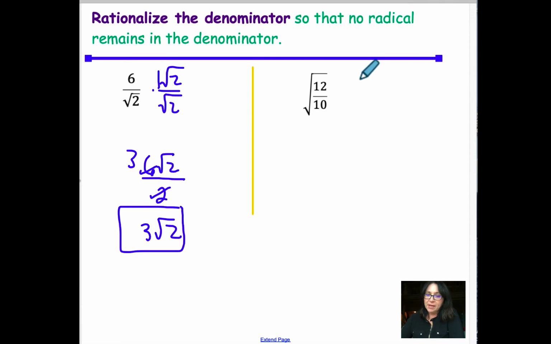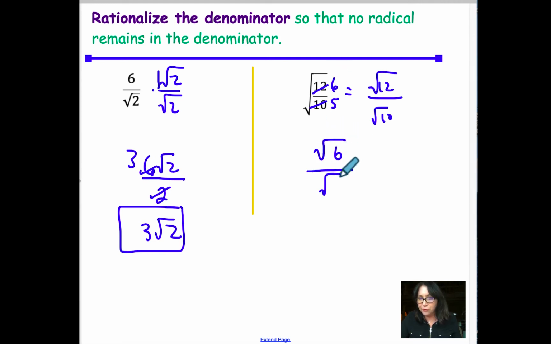For this problem here, you always can divide roots with roots. So this is actually saying the square root of 12 over the square root of 10, but you can cancel out roots with roots. So you just can't cancel out numbers with roots. So root 12 over root 10, I'm going to divide by 2. I'm going to get 6 over 5, which brings us down to root 6 over root 5. And again, I have a root on the denominator.